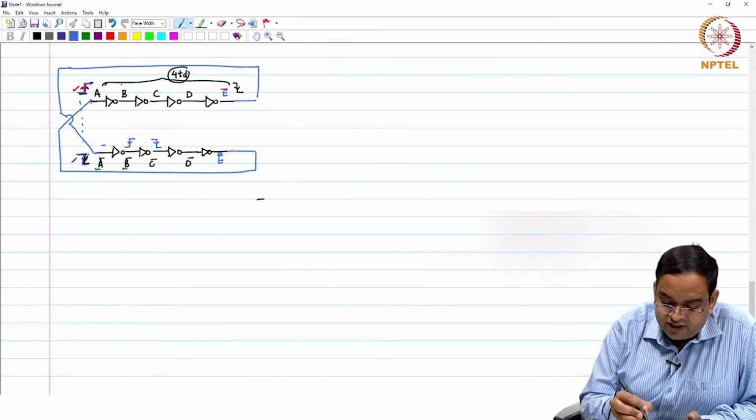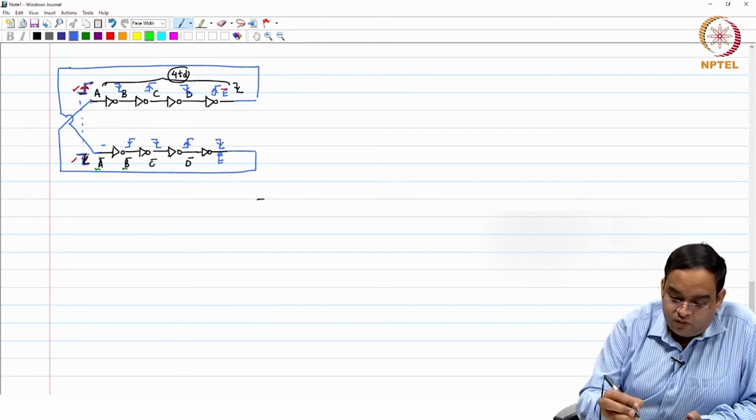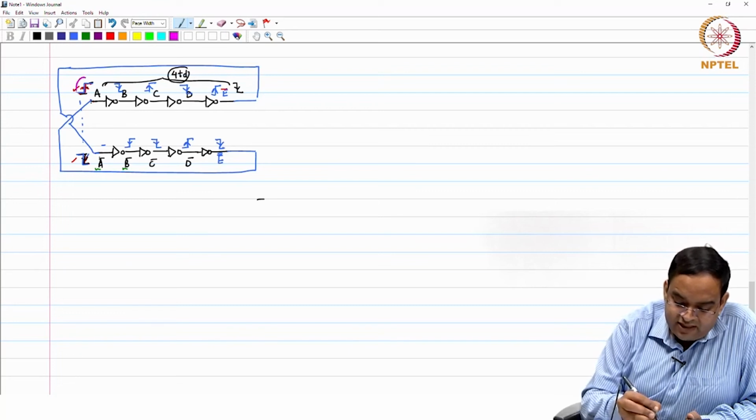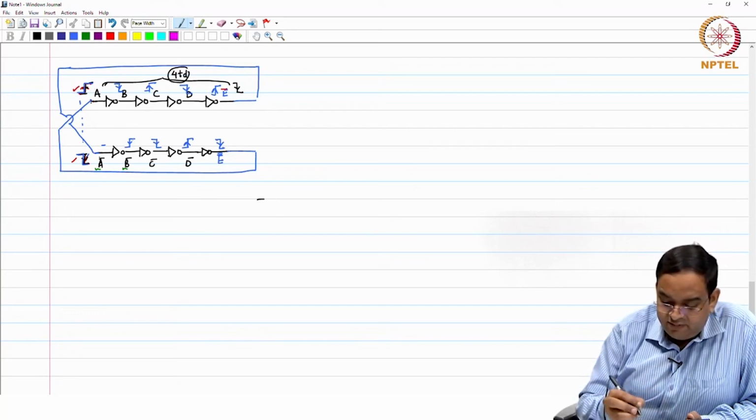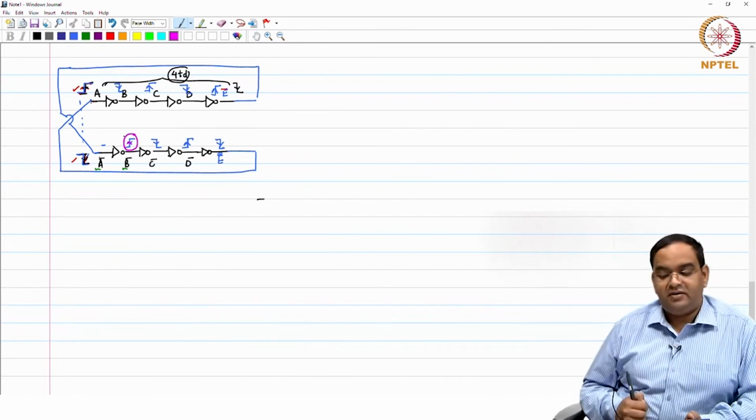So, you get a rising edge here and a falling edge here. This is going to be a falling edge, this is a rising edge and so on. Okay. So, when you are having a rising edge at A, at the same time you are having a rising edge at B bar.